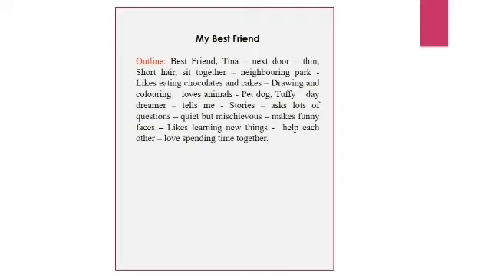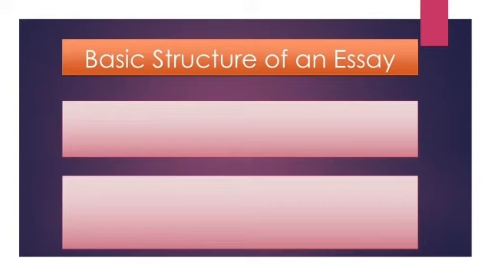Loves animals. Pet dog. Tuffy, daydreamer. Tells me stories. Asks lot of questions. Quiet but mischievous. Makes funny faces. Likes learning new things. Help each other. Loves spending time together.